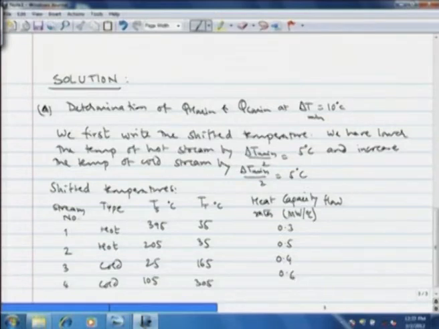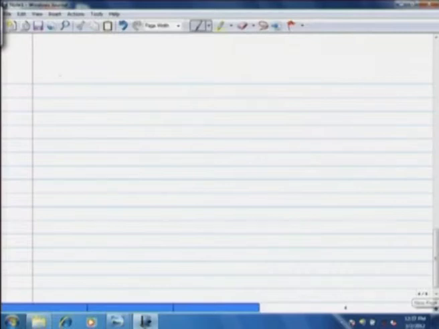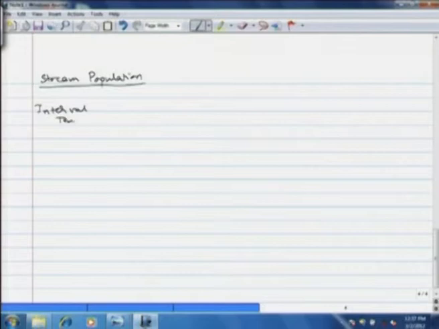Yes. Now we have to plot the stream population data. Here we give the first interval temperature. We have to identify various intervals of temperature and then mark the streams.